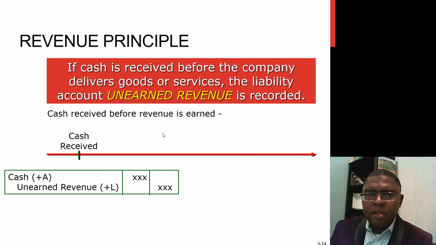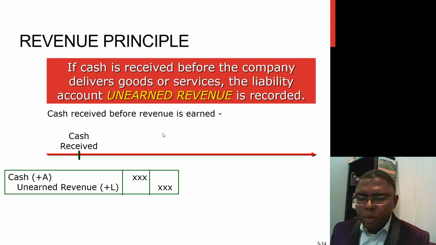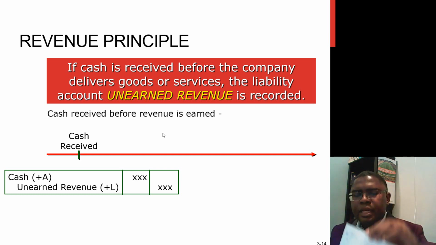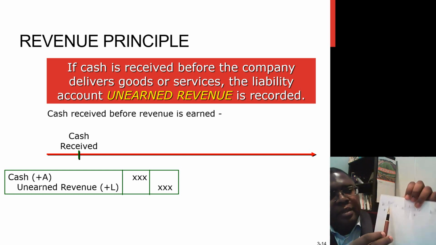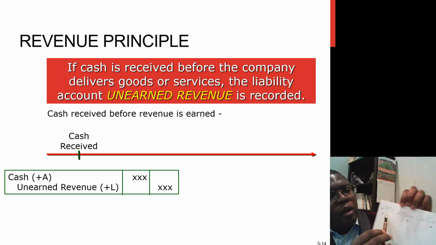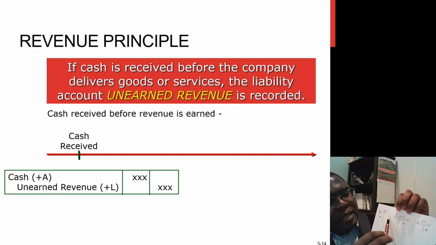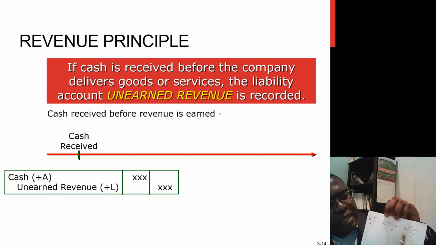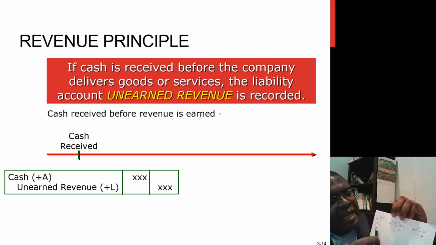Let me remind us that last time we looked at transactions under broad headings. We looked at transactions that will end up as assets. Hope you can see this. Liabilities and stockholders' equity. We said assets take a debit balance.